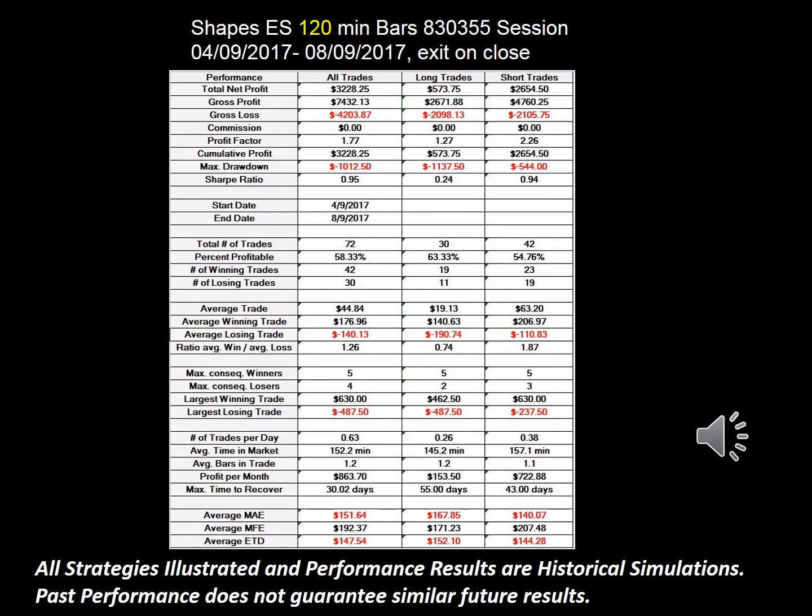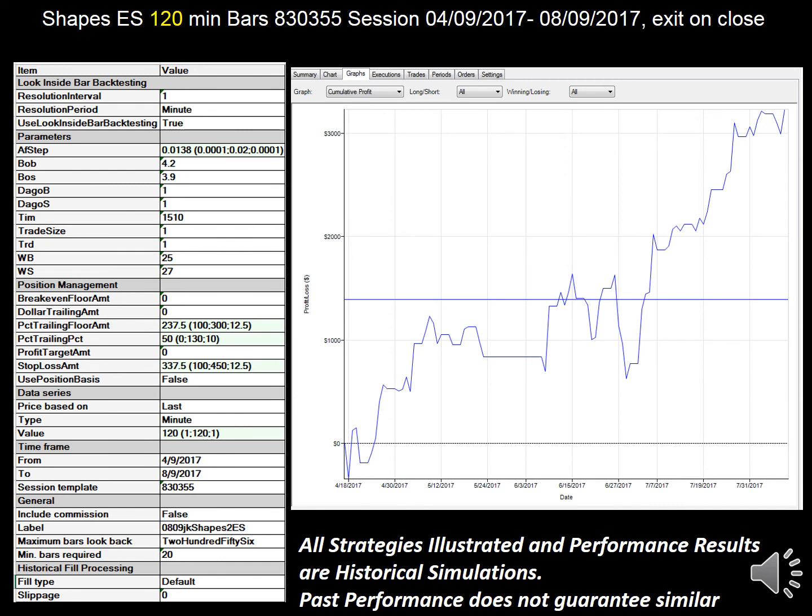It shows making $3,223 and 58% correct. With Ninja, in lieu of putting tables or TSWs, since they can't be transferred, I just show you the optimization values there on the left, and then the equity curve that results from those optimization values. So there you have it.